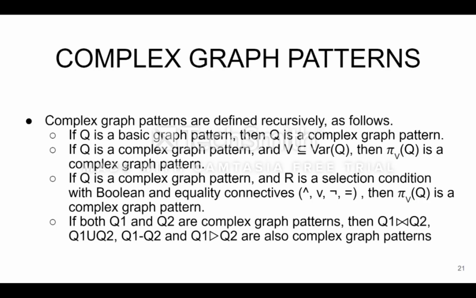If Q is a complex graph pattern and R is a selection condition with Boolean or Boolean and equality connectives, then σ_R(Q) is a complex graph pattern. And finally, if both Q1 and Q2 are complex graph patterns, then Q1 join Q2, Q1 union Q2, Q1 difference Q2, or Q1 minus Q2 are also complex graph patterns.